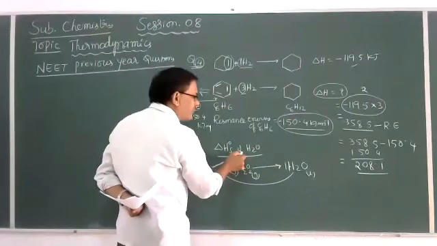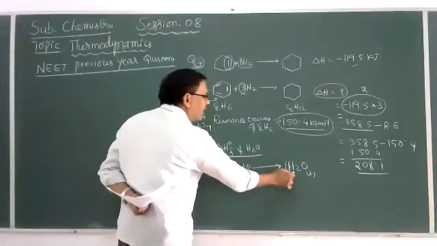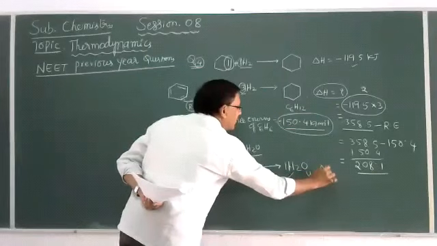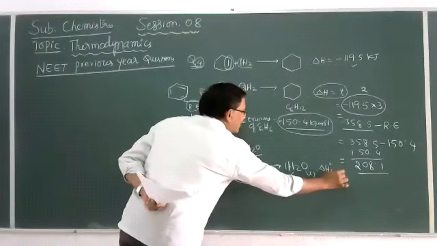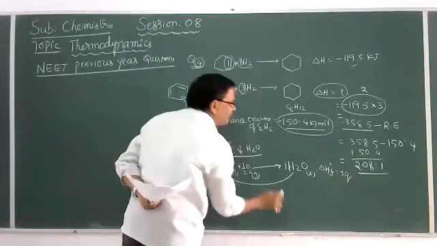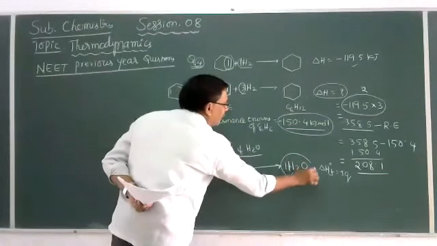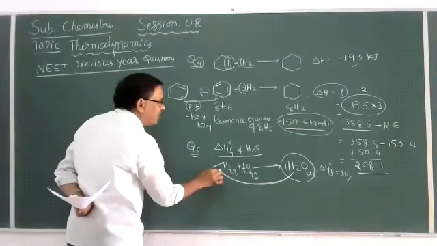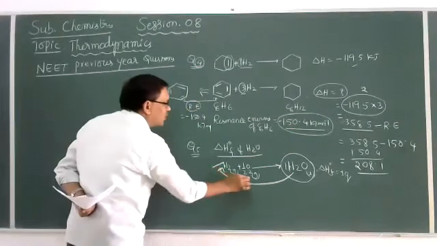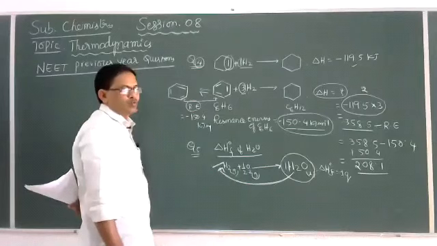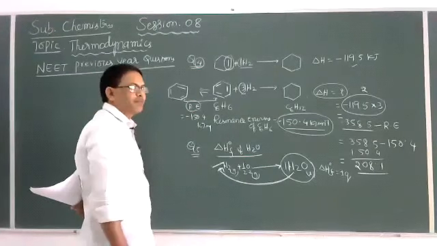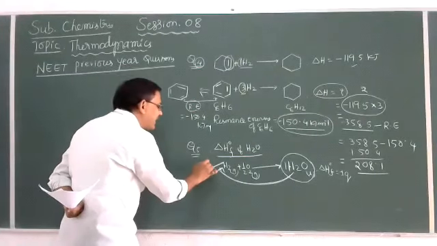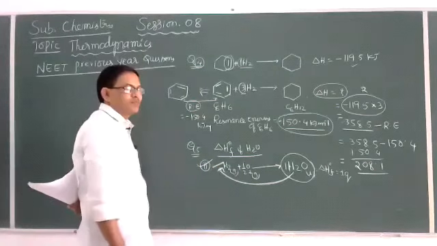Standard enthalpy of formation of water is the amount of heat liberated or absorbed, plus or minus Q, when 1 mole of water or any compound is formed from its constituent elements, meaning H2 and 1/2 O2. These are the elements. This is present in the second option. That's why that is the correct one.